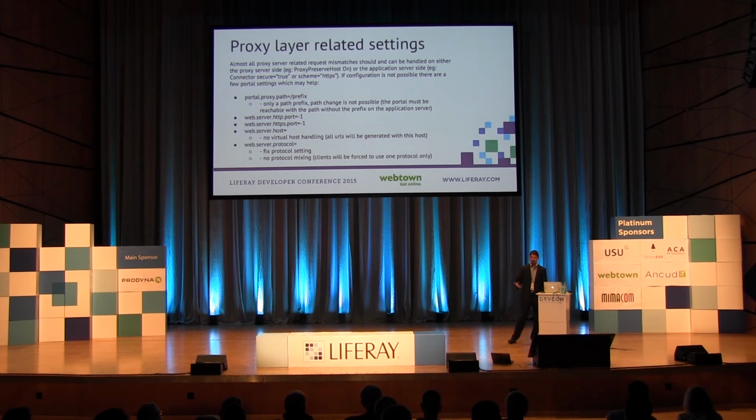You can always set the web server protocol, of course, to HTTP or HTTPS. But this way, you cannot mix protocols on your portal. You cannot use HTTP and HTTPS at the same time. After the first request, the client will be redirected to the protocol you set here.